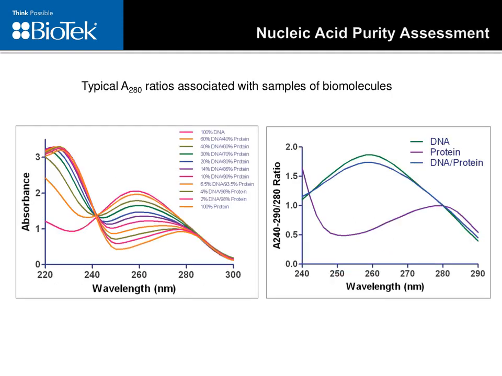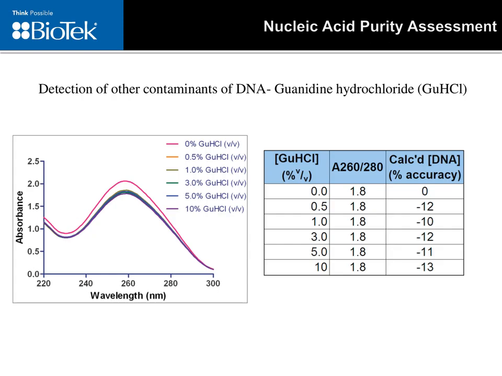We can use either the 260 or 230 ratio depending on where the absorption peak of the contaminant is. A lot of folks will use that as a secondary measurement in conjunction with the A280 measurement as well.